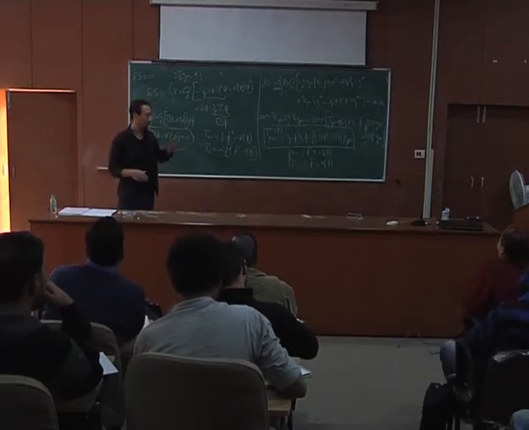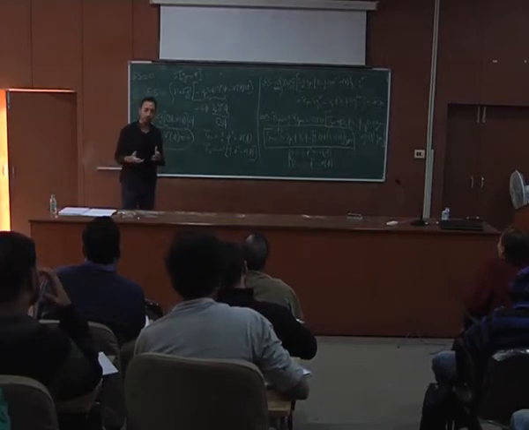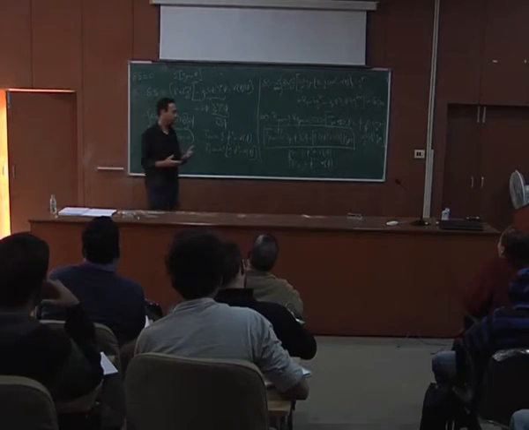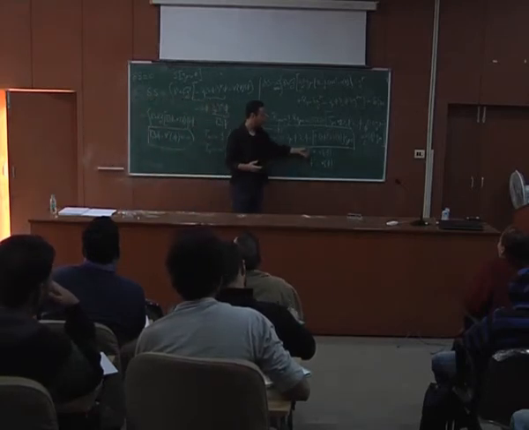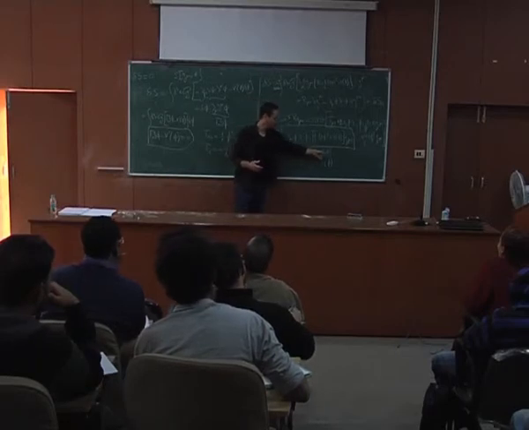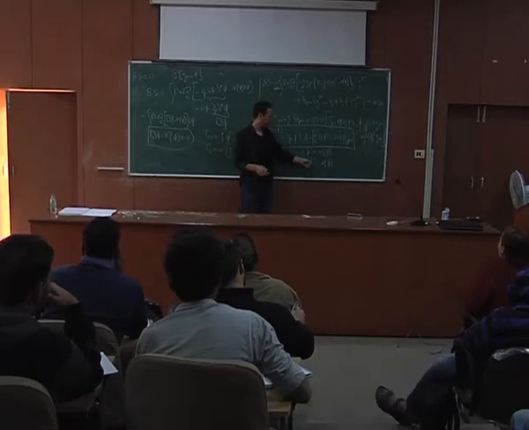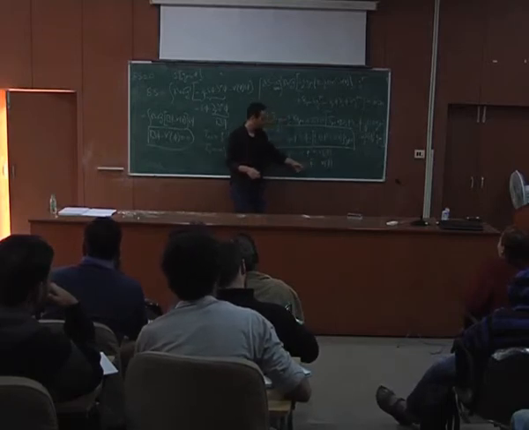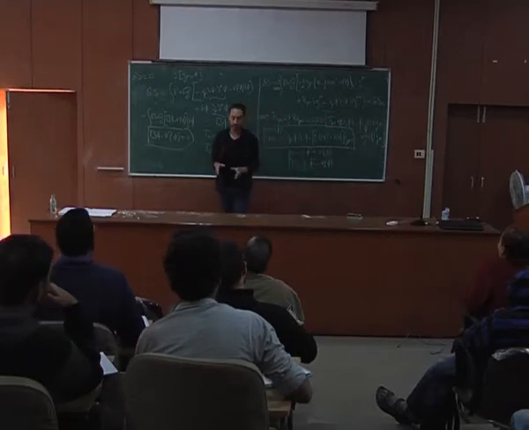That scalar field is like a perfect fluid, so it has a density and a pressure, and I can relate them to the characteristics of the field. The density is 1/2 phi dot squared plus the potential that we had in the action, and the pressure is 1/2 phi dot squared minus the potential. So we see that if the potential is large enough, the pressure can become negative.